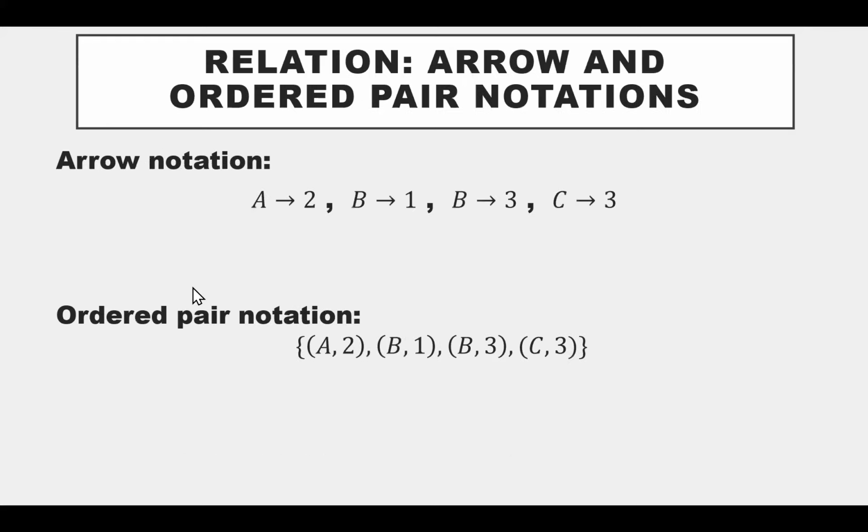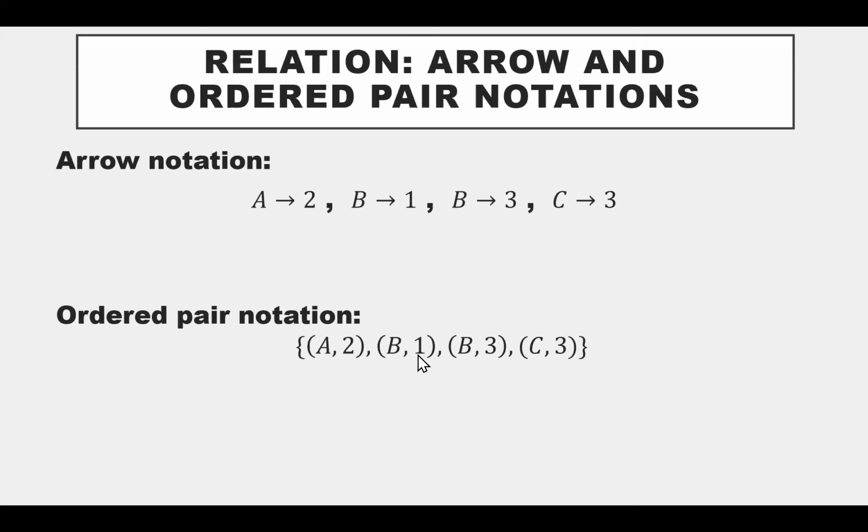Now let's look at our previous relation. Our previous relation was not a function because this B was sent to 1 and this B was sent to 3.